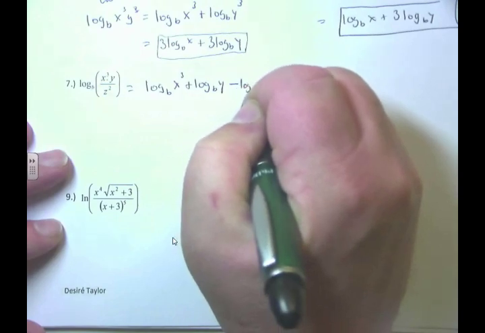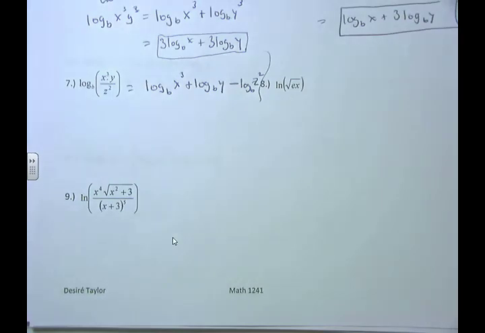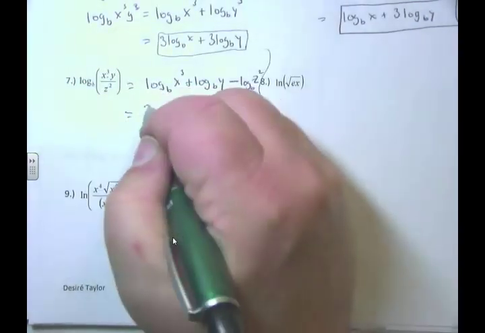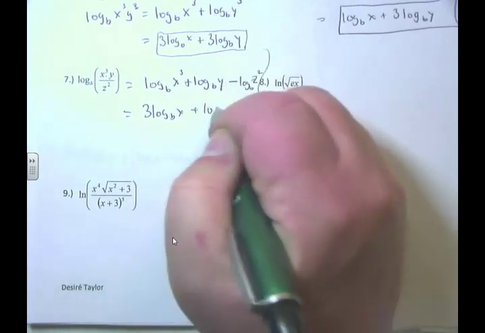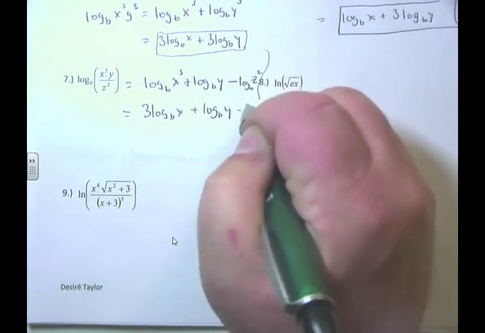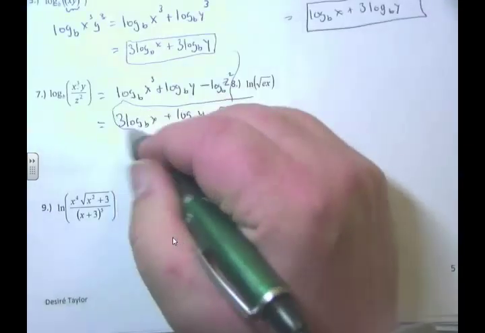That'll be minus the log base b of z squared. But you're not done yet, because you got powers. What is the log base b of x cubed? Where is that 3 going to get to go? Out front. So the answer is 3 log base b of x plus the log base b of y minus 2 log base b of z. And there's my answer.